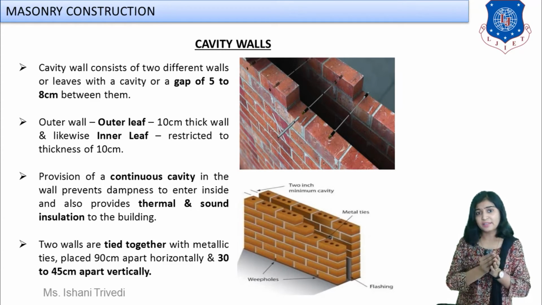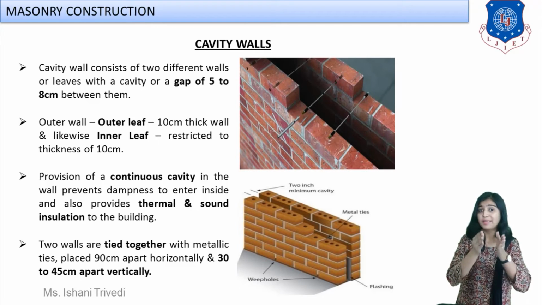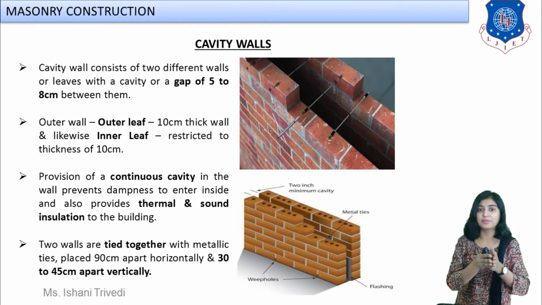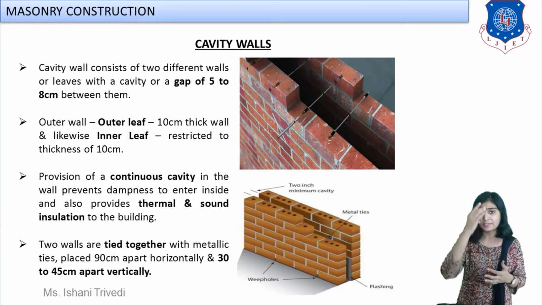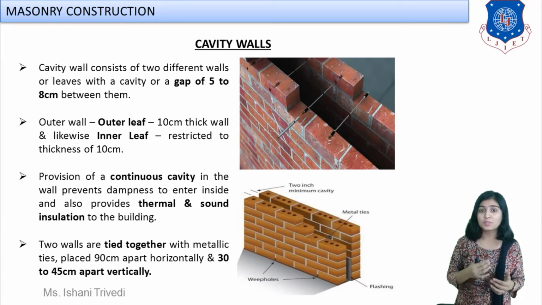What you can see clearly over here is that a space is kept empty in between. A gap is kept empty in between. So whenever you are constructing a masonry wall, this is generally adopted for load bearing structures. Up to 2 stories, 3 stories you can construct a cavity wall.